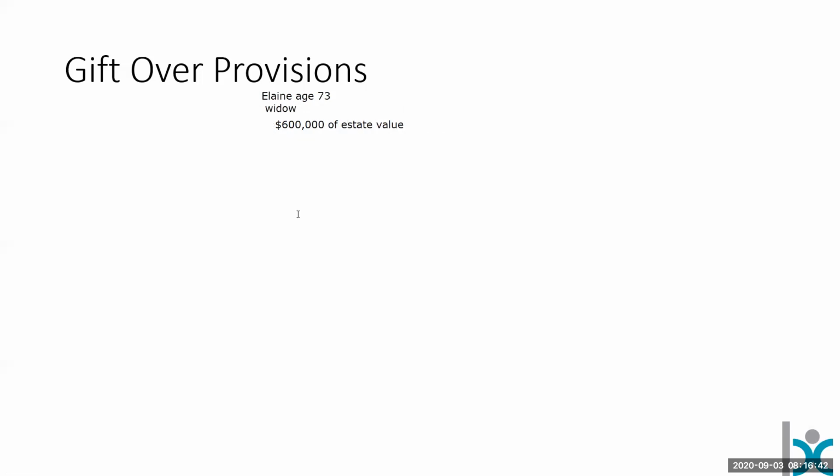Okay. That's good. So she's going to die in our scenario. And Elaine had 3 kids. So she's got John, Karen, and Lisa.